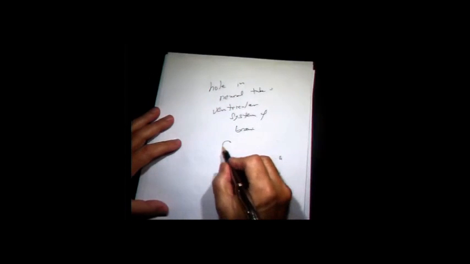The ventricular system of the brain. The immediate importance of the ventricular system of the brain is that the ventricular system, as a whole, contains CSF, cerebrospinal fluid.